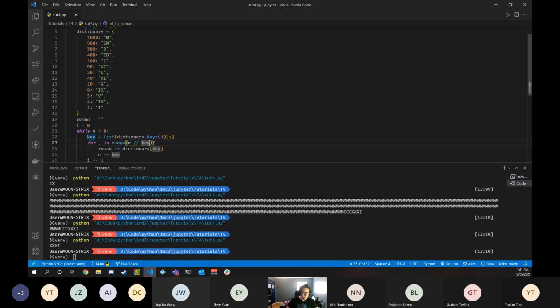Fun fact, you don't need the loop. Let's say I don't want to do this with a loop. Remember that I have my key, and I know that I want to add the key the amount of times that n is divisible by that.